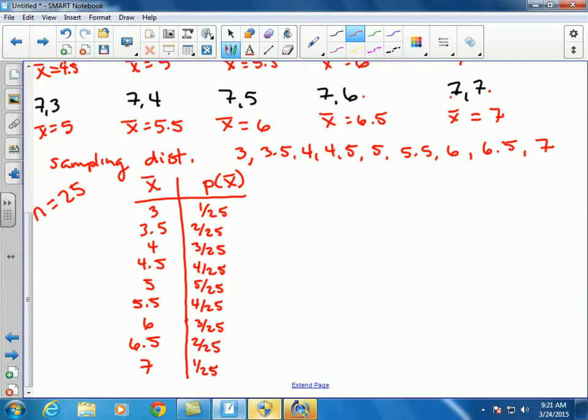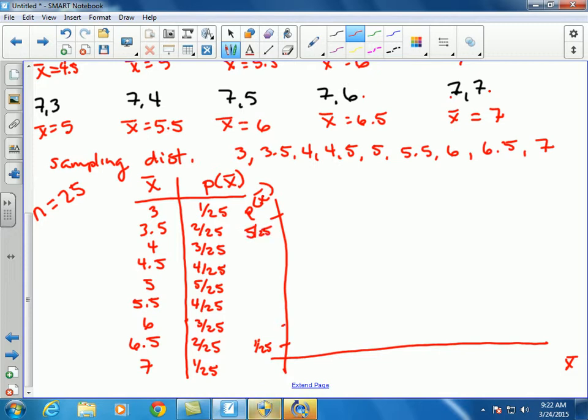And we could go ahead and also graph this, right? Where this axis is the x bars, and this axis is the probability that those x bars happen. And here we can go all the way from 1/25 to 5/25. So we have 2/25, 3/25, 4/25, right?